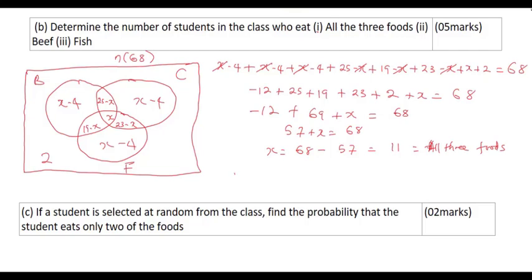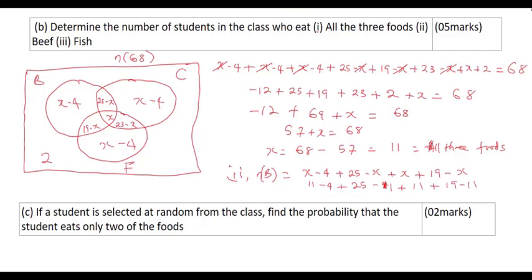Okay, now for II, that's beef. This will be X minus 4 plus 25 minus X plus X plus 19 minus X. This is going to be 11 minus 4 plus 25 minus 11, plus 11 plus 19 minus 11.